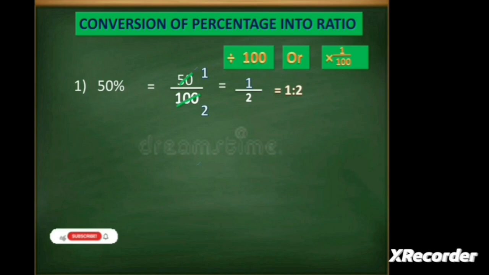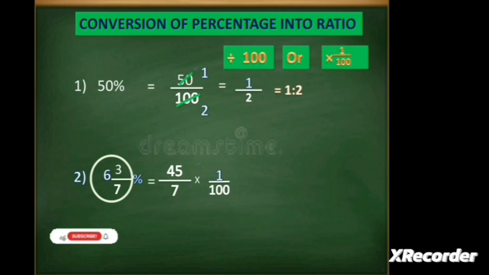Now see the second sum. 3 upon 7%. First try to understand it. Here it is in mixed fraction. So what we are going to do? 3 upon 7, we will write it into improper fraction, which comes as 45 upon 7, and percent, and here we are taking it as multiply by 1 upon 100.